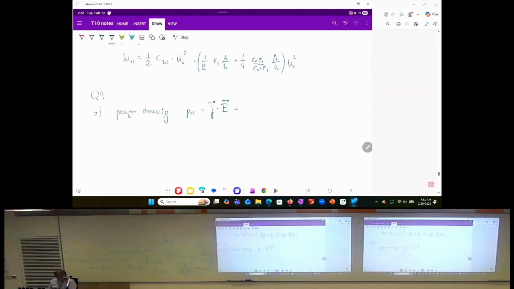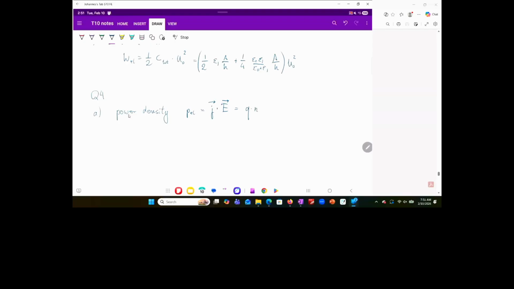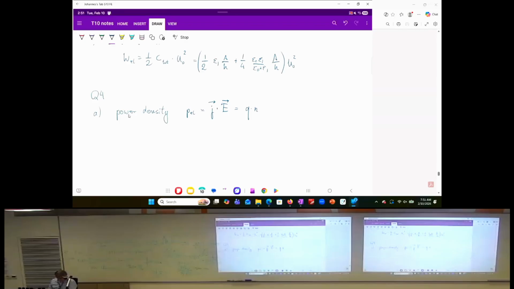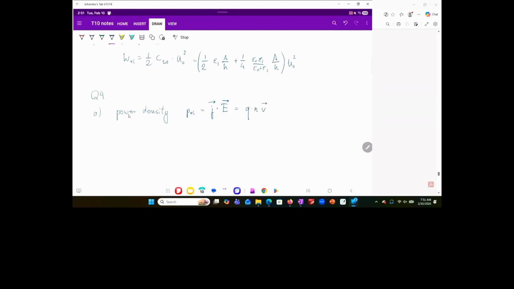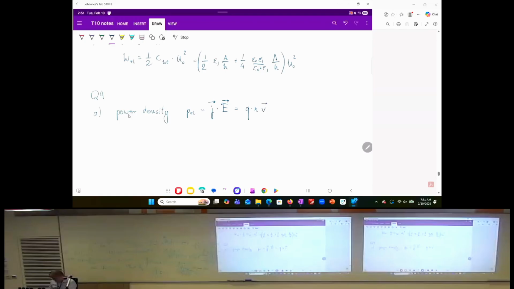So this is also given as Q, that is a charge value of a single carrier, times the particle density n, where Q is given in ampere second, n is given as parts per volume, so in 1 over cubic meter, times velocity, that is given in meter per second, and times E, which is given in volt per meter.